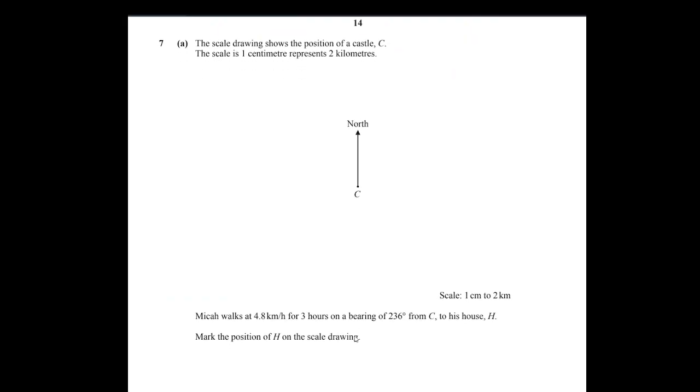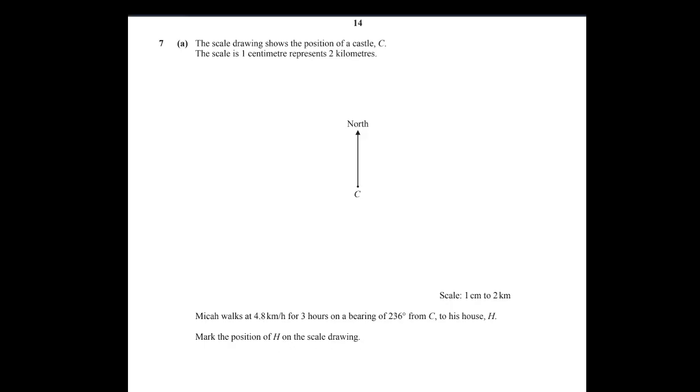Question number 7. The scale drawing shows the position of a castle C. The scale is 1 centimeter represents 2 kilometers. Mika walks at 4.8 km per hour for 3 hours on a bearing of 236 degrees from C to his house H. Mark the position of H on the scale drawing.